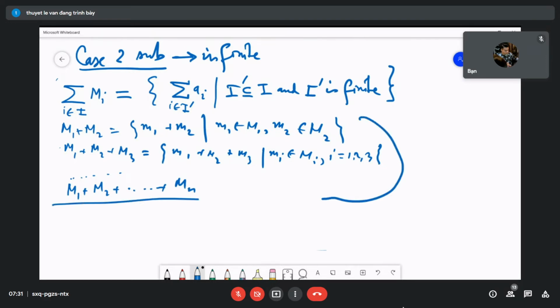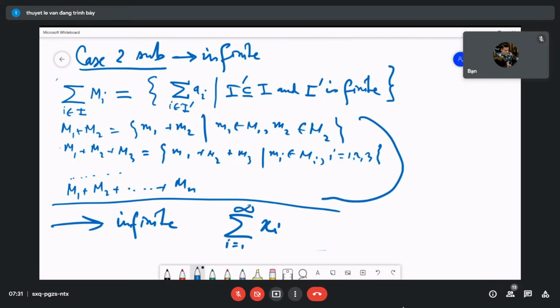But it's very easy here. If you extend to the infinite, that is not easy, because you remember that in algebra we don't have the sigma of, for example, xi with i from 1 to infinity, or sigma xi with i in any set. We don't have the sigma here in algebra. We don't have the epsilon and delta.